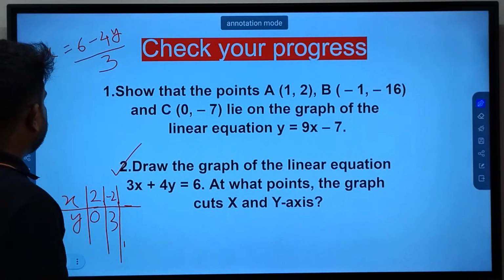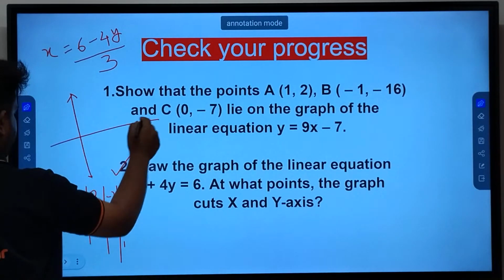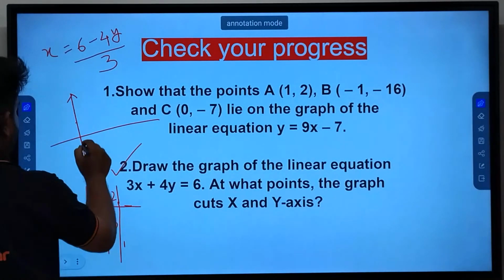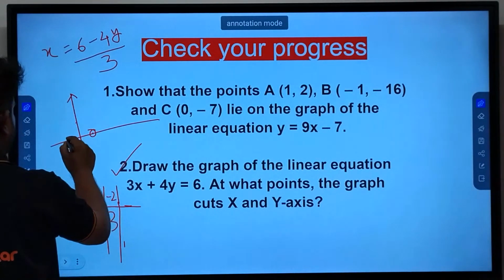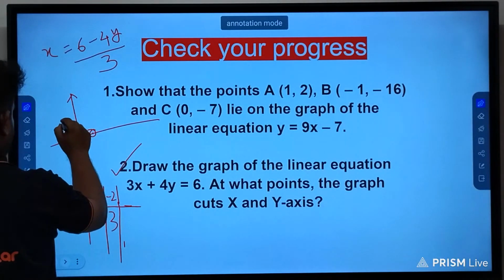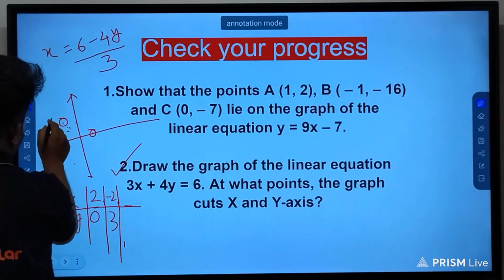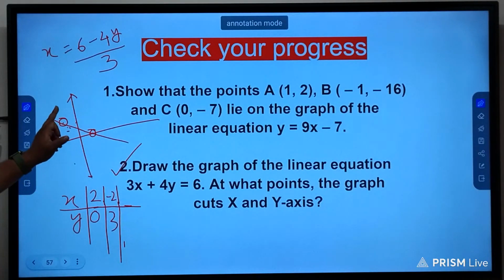So these are the 2 points. If I plot them, one point will be here and another point will be here, and they are crossing the x and y axis.